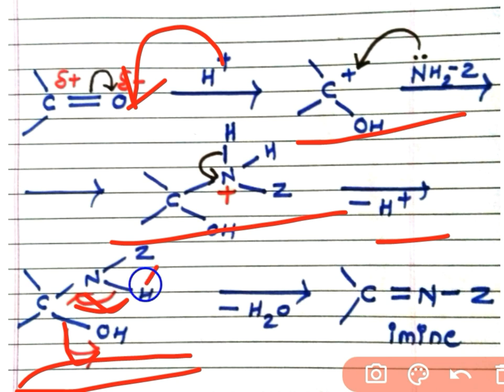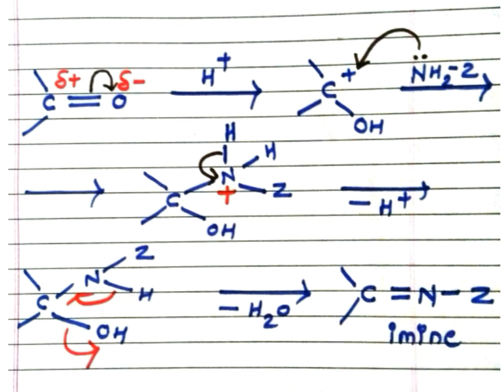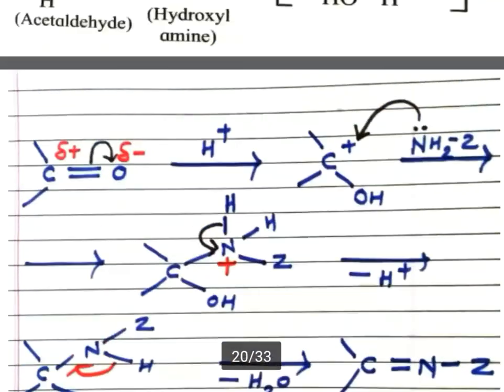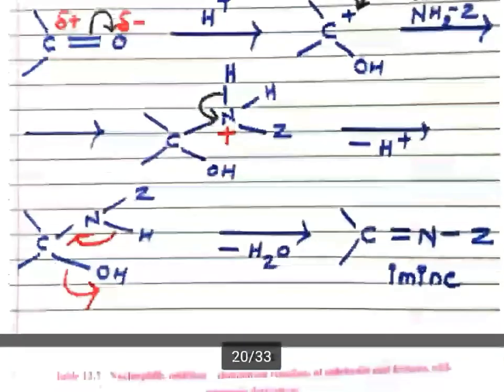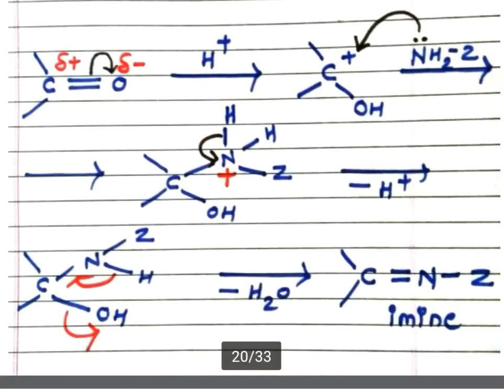These two species combine with each other and get removed in the form of water, and the final product formed is C double bond N Z, that is imine or Schiff base. Okay, this is the general reaction. I explained here the mechanism, meaning how the addition of ammonia derivative takes place across aldehydes and ketones.